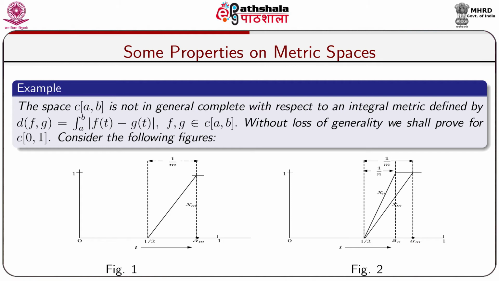Without loss of generality, we shall prove for C[0, 1] because the closed interval [0, 1] is homeomorphic to the closed interval [a, b]. So, it is sufficient to prove over C[0, 1].